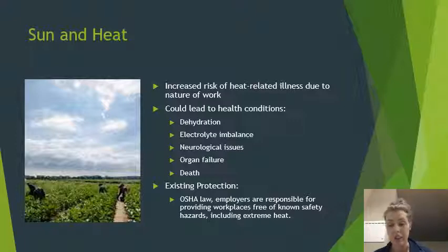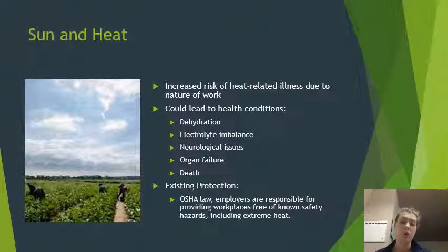Because their body temperature is increasing, it could lead to a lot of adverse health conditions, including dehydration, electrolyte imbalance, neurological issues, organ failure, and in extreme cases, death, especially if they're not using a lot of preventative practice and staying hydrated.